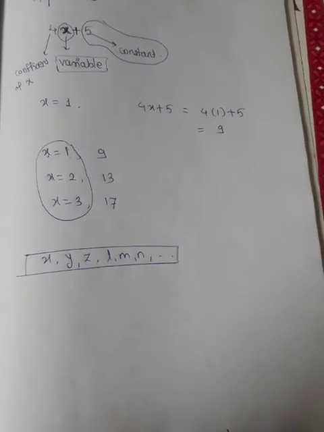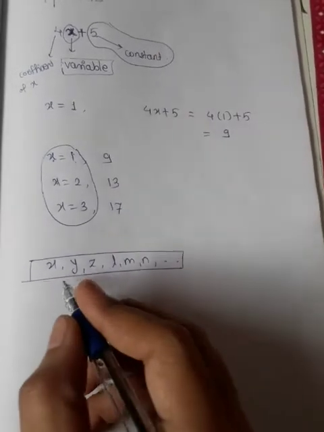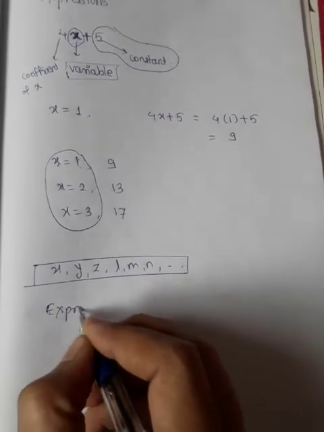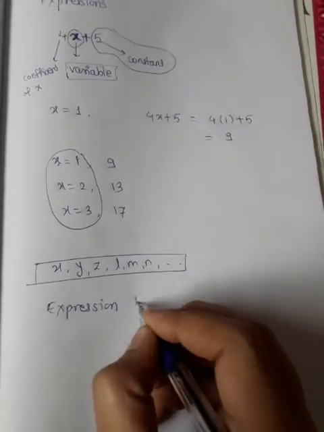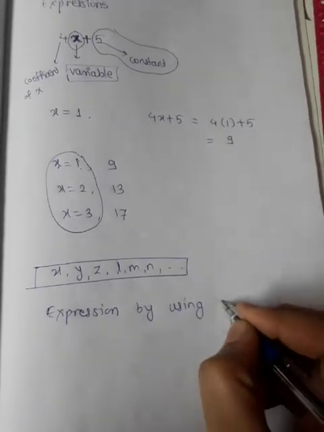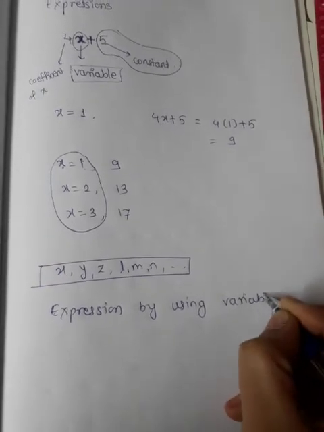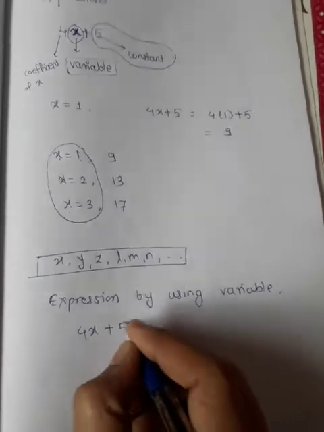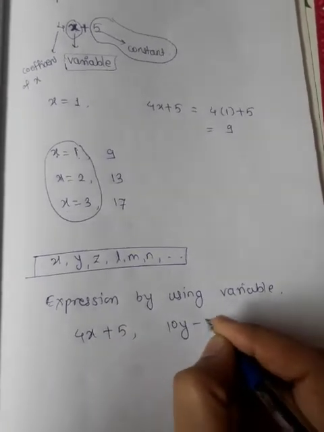Okay, and we can form expressions by using variables. That means you can form expressions like 4x plus 5, or suppose 10y minus 25.